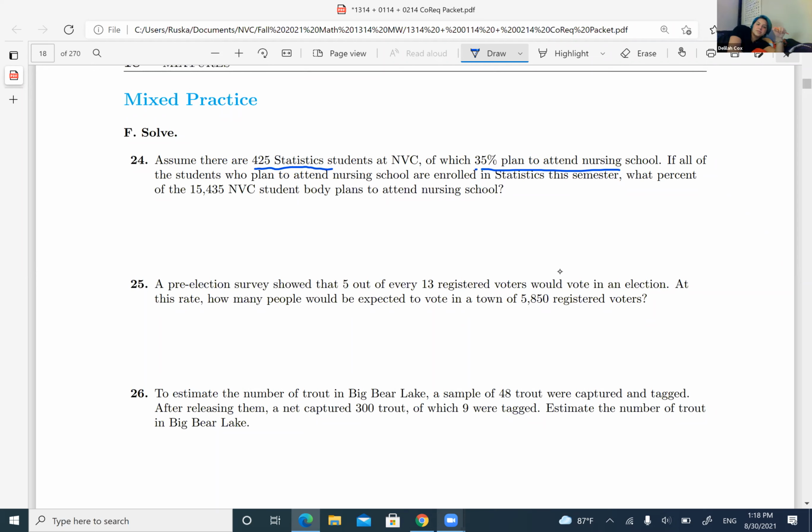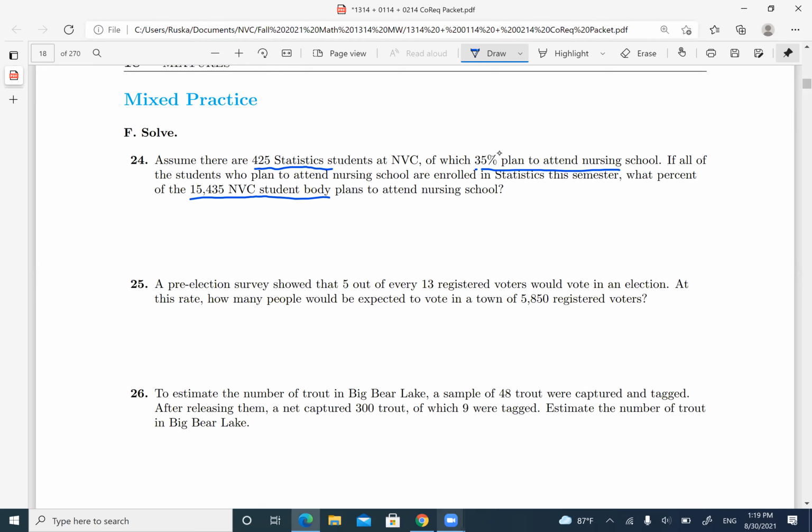Would it be 35% over 15,000? 35% over? I could be wrong. 15,435. Okay, so let's first find, so this is the Northwest Vista body, student body, right?